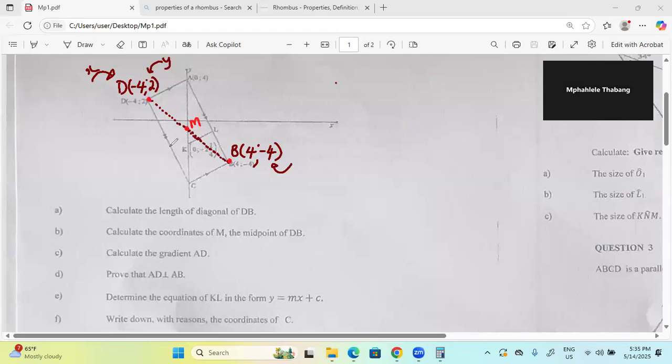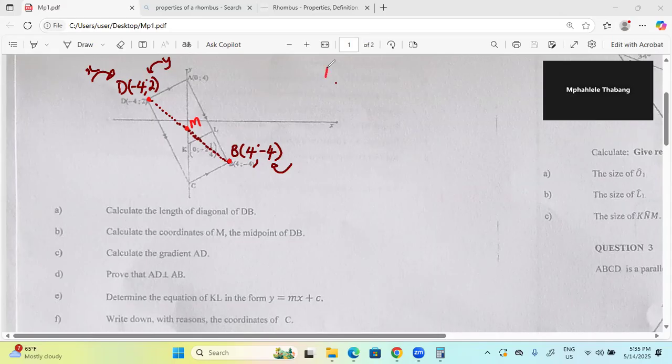So we must know how to find the coordinates of this point, which is at the middle of the point D and the point B. So we're looking for the midpoint. So we must know the x value of the coordinate of M and the y value of the coordinates of M.